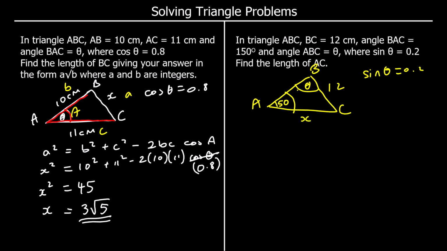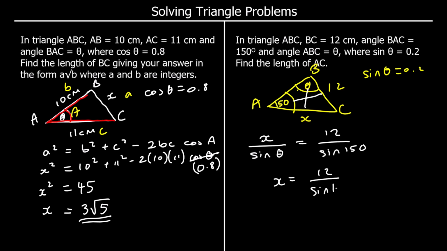So this time we haven't got a cosine rule, we have opposites. So we're finding x, so x over sine theta, which we can change into 0.2, equals 12 over sine 150.